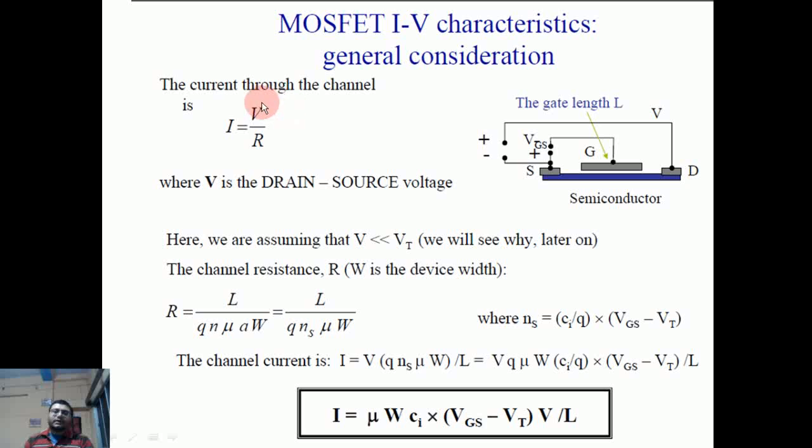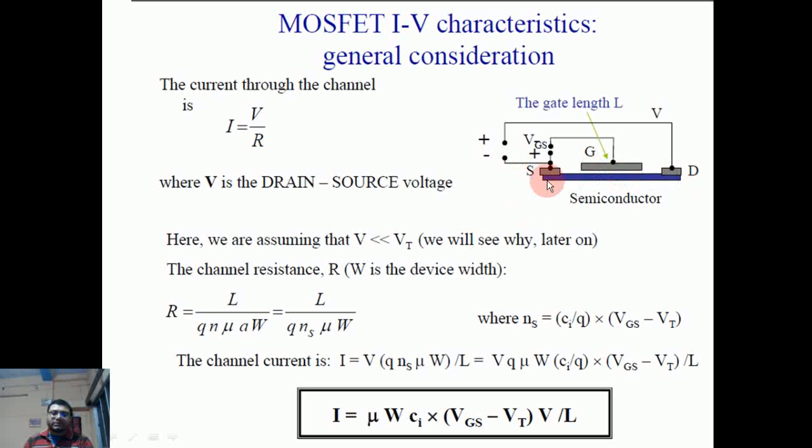It's V equal to IR and I is V by R. So it is the representation of the current, where V is the drain to source voltage. Here you can see in this picture, it's a source, it's a drain, it's a gate.